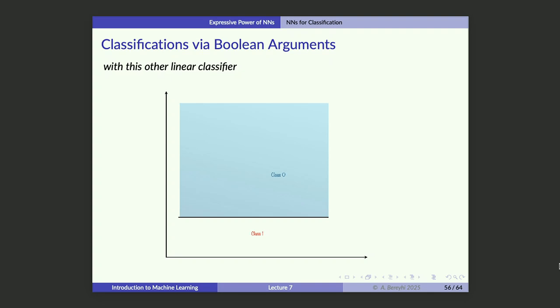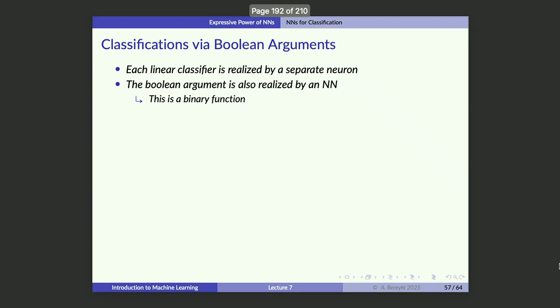And then, of course, that huge Boolean argument is a binary function, and you can definitely find one neural network which is going to realize that binary function, right? So, moral of the story, any classifier that you want to design is going to be a sequence of different linear classifiers being combined with Boolean arguments, and that Boolean argument is simply a binary function.